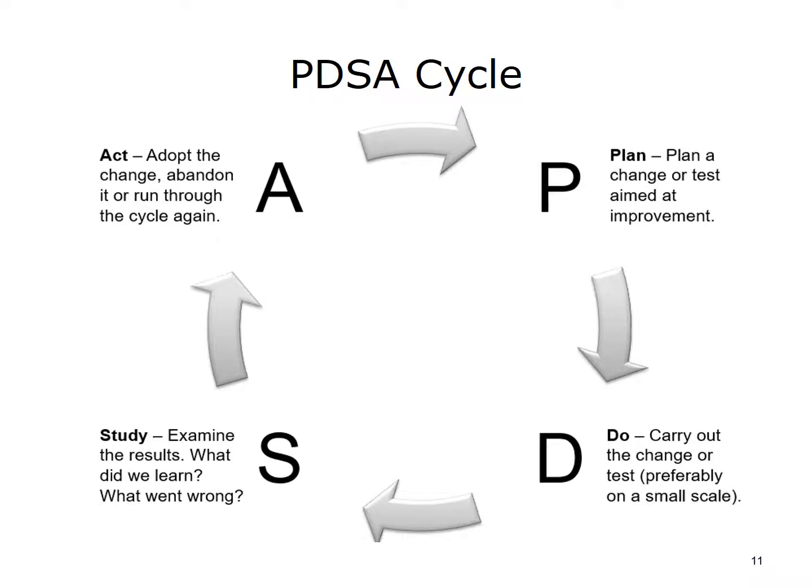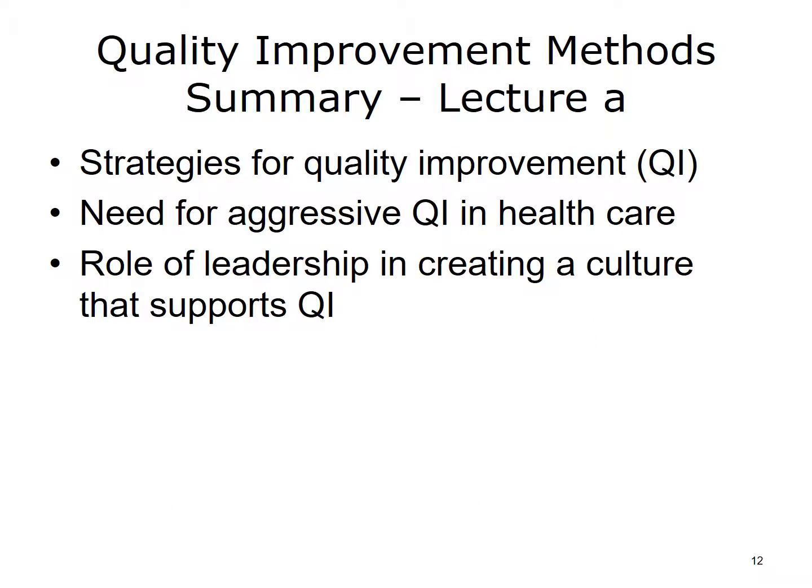However, in 1993, Deming presented an evolved version of the cycle as the Shewhart cycle for learning and improvement as a method for improving a product or process, and called it the PDSA, Plan, Do, Study, Act cycle. Moen, 2011. This concludes Lecture A of Quality Improvement.